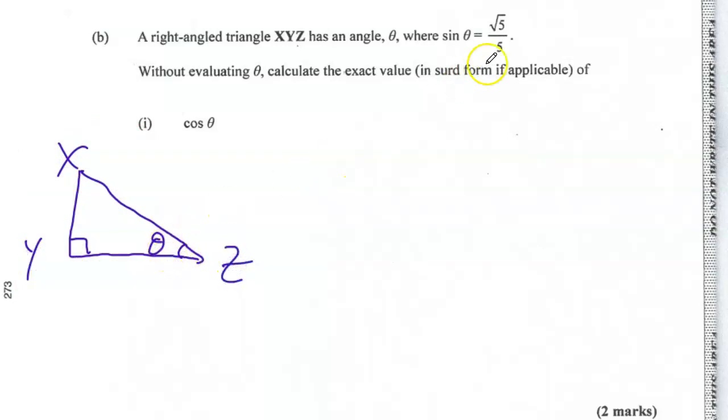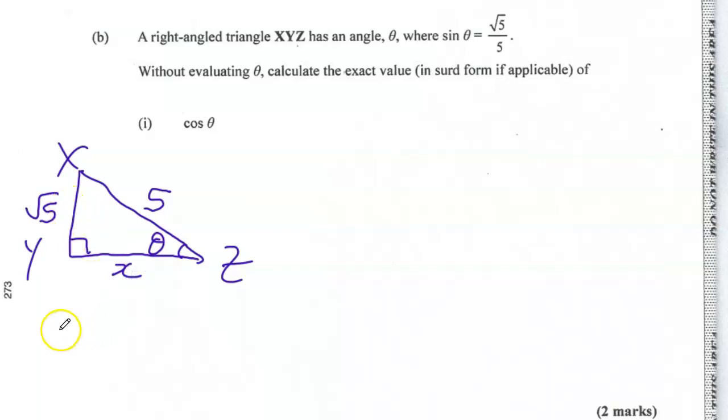So we are told that sine theta, so remember sine is opposite over hypotenuse, so root 5 over the hypotenuse, which is 5. So we can get the adjacent side by Pythagoras theorem. Let me call the adjacent side small x.